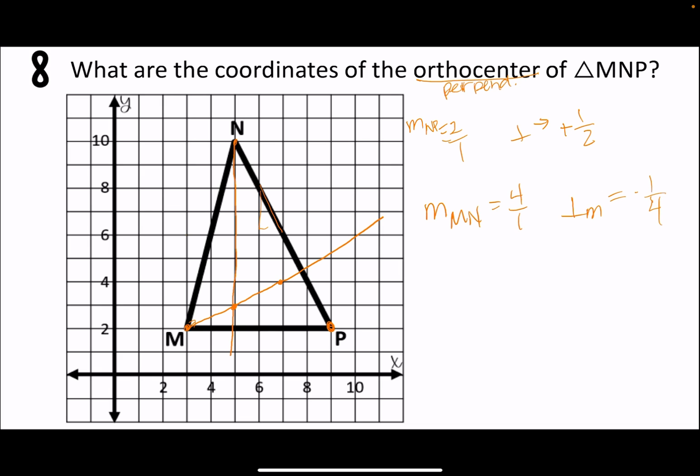So negative 1 over 4. Now that point of concurrency is this point right here, 5, 3, because that's where all 3 of those perpendiculars intersect.